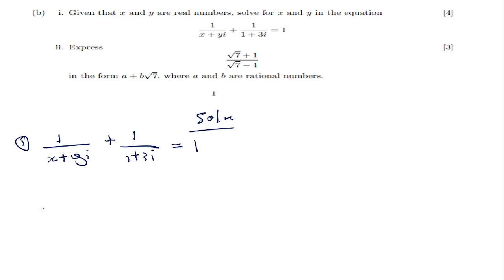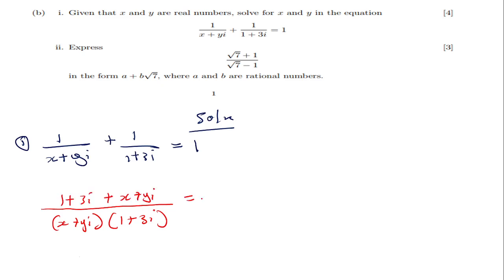X plus yi, and then 1 plus 3i, and then you multiply this one into that one. So you're going to have 1 plus 3i, and then X plus yi is equal to 1.